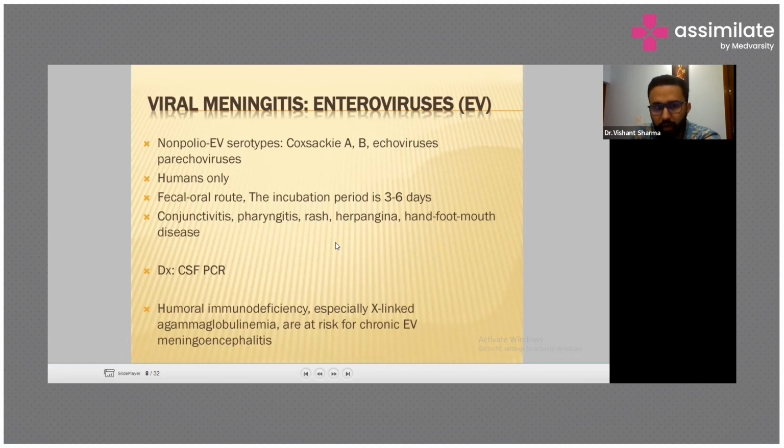Diagnosis is by CSF PCR, and humoral immunodeficiency, especially X-linked agammaglobulinemia, is a risk for chronic enteroviral meningoencephalitis. You can remember this for your exam, but the main thing you need to know is the route of transmission, the manifestations and symptoms that we see, and the diagnosis for them.